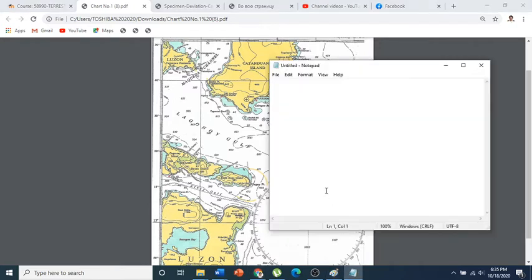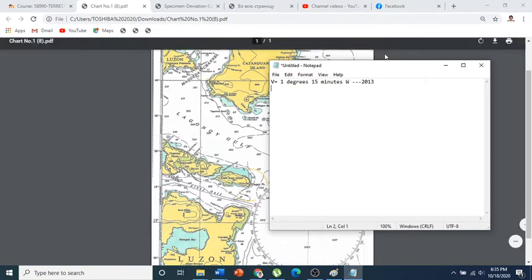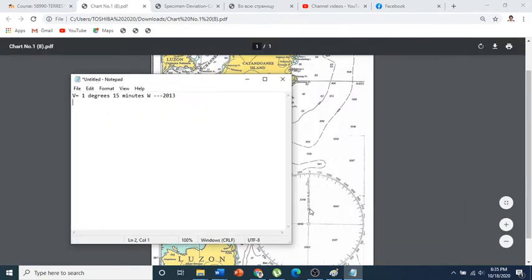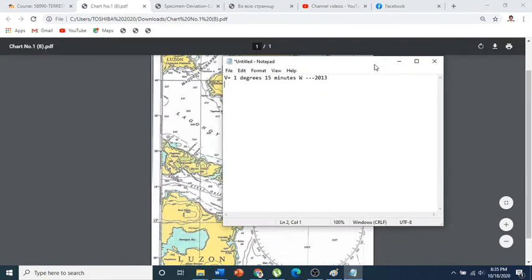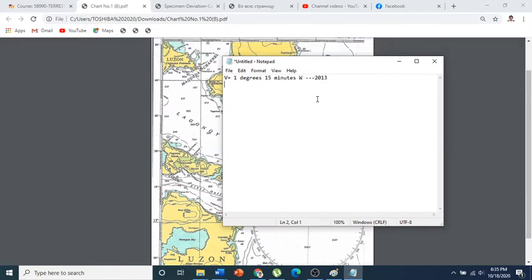Quick recap, the variation is 1 degree 15 minutes west at 2013. Since we are already in 2020, the 2 minutes should be multiplied by 7, because 2020 minus 2013 is 7, so that is 14. That's why we add 14 minutes.